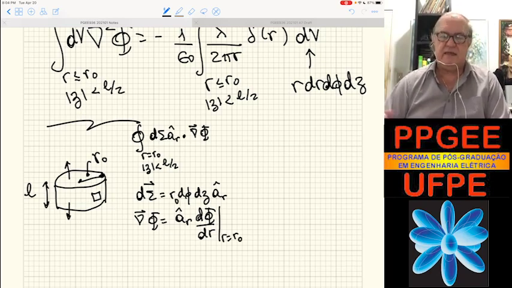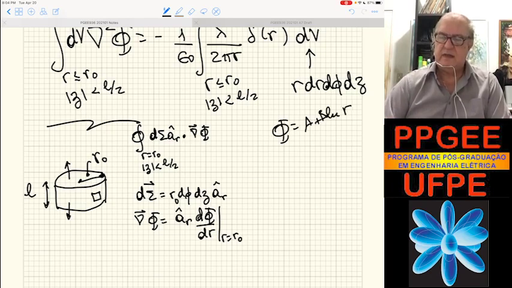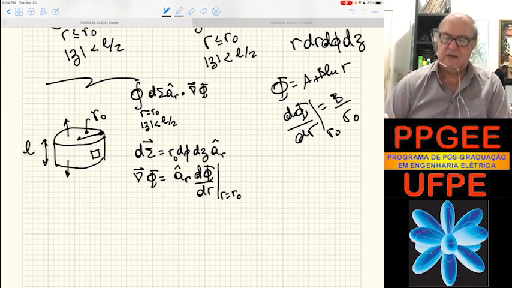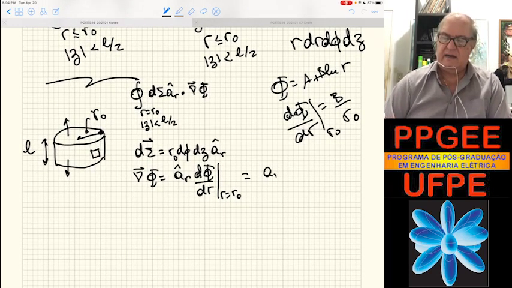If you look at the expression for the potential, dφ/dr equals B over r, at R0 is B over R0. So this is going to be a_r B over R0.